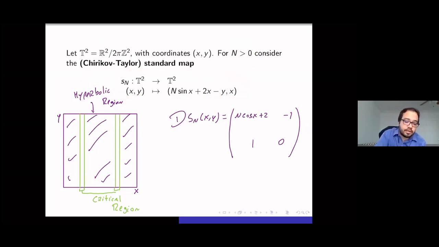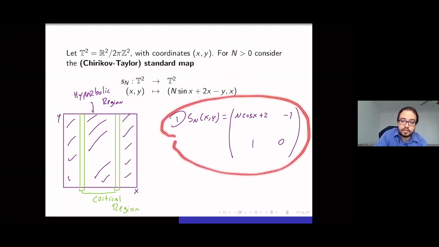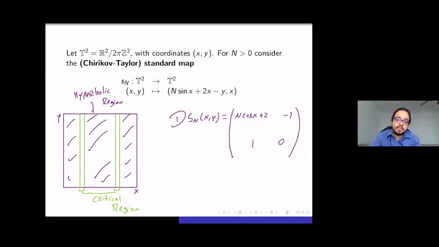A first thing you can do is look at the derivative of this formula. You get the following matrix: n cosine x plus 2, minus 1, 1, 0. And you see there is an n cosine x here multiplying.